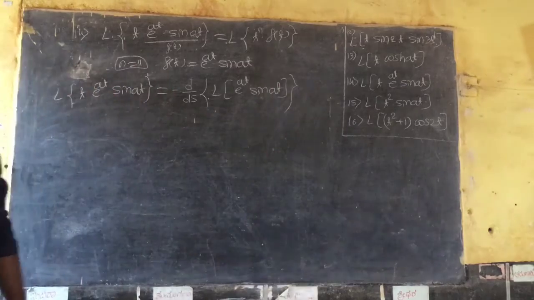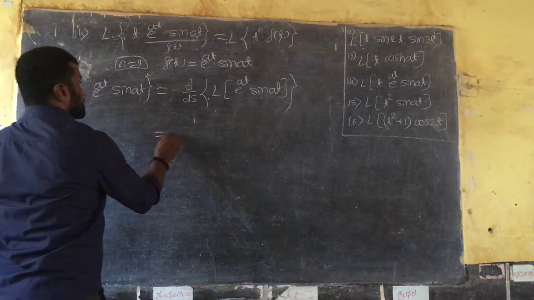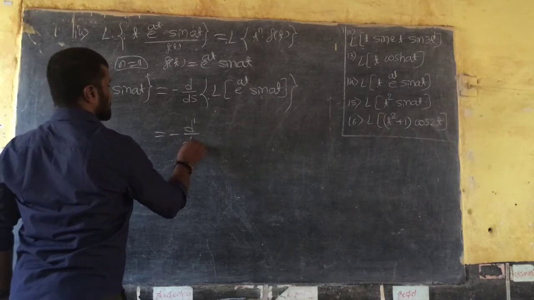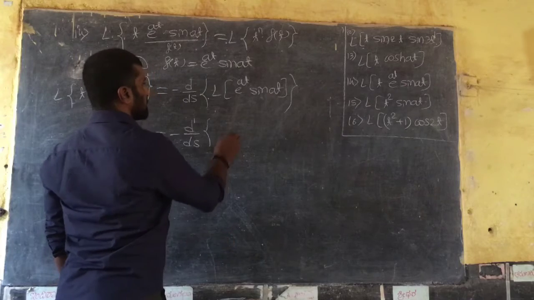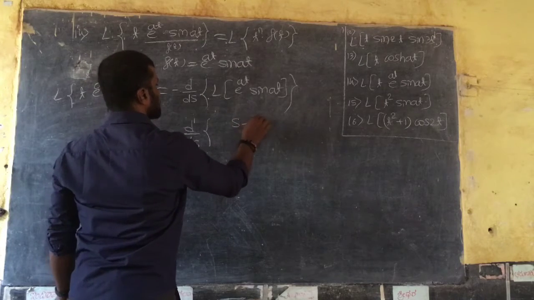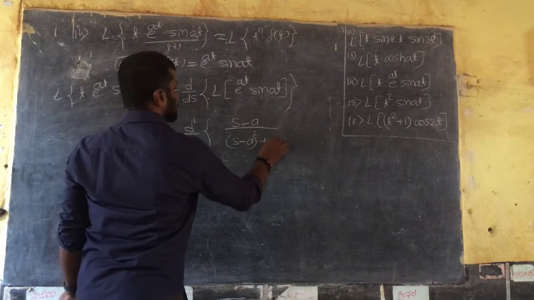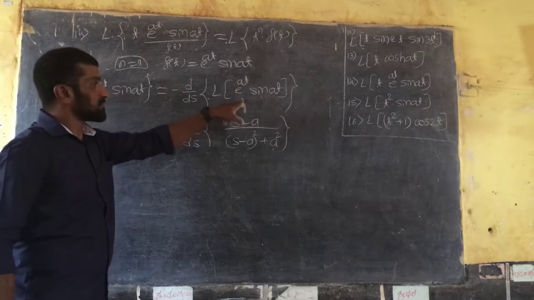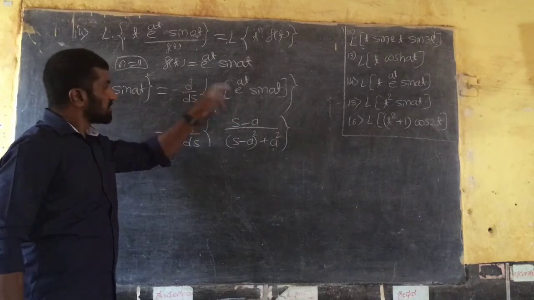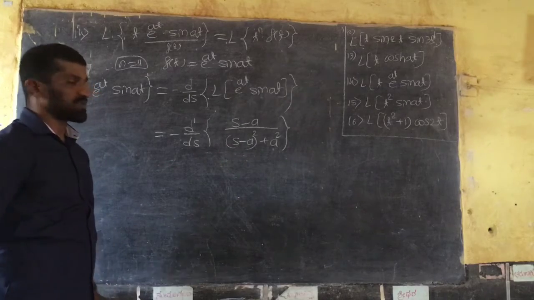So this one is completed. Next, minus d by ds of Laplace of e raised to at into sine of at. By the formula, that is s minus a divided by s minus a whole square plus a square.